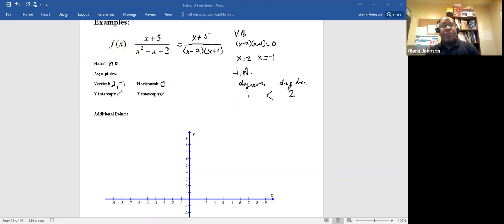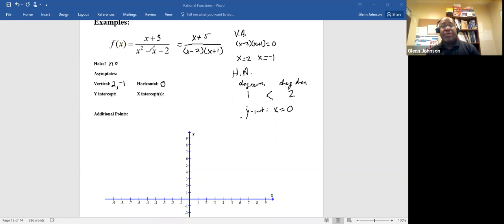Now, from this point, we want to find the x-intercepts and the y-intercept. To find the y-intercept, we're going to set the x value equal to 0.